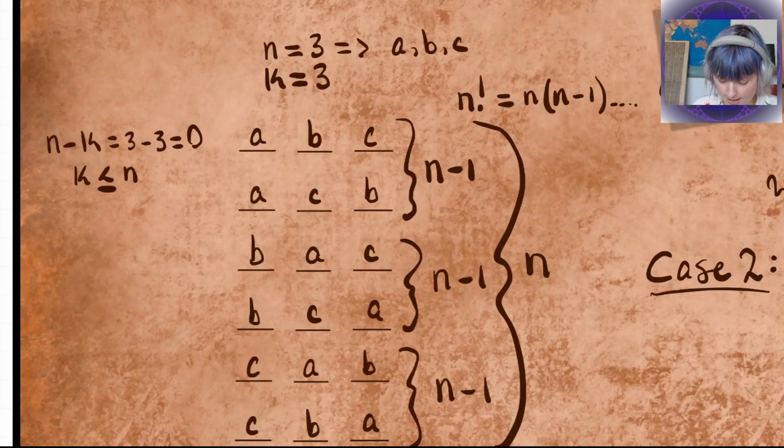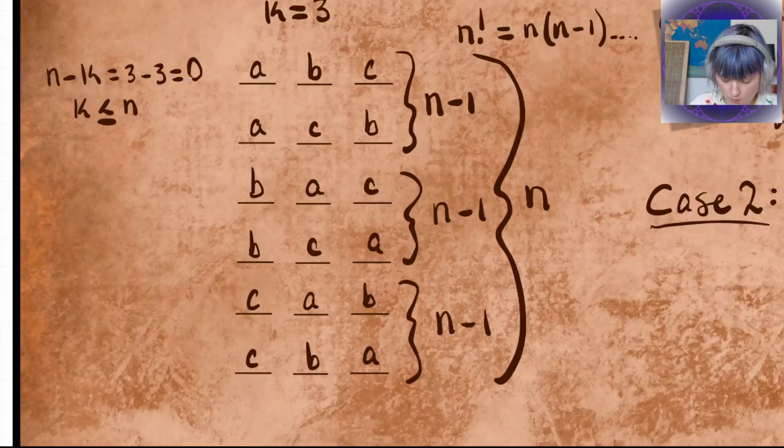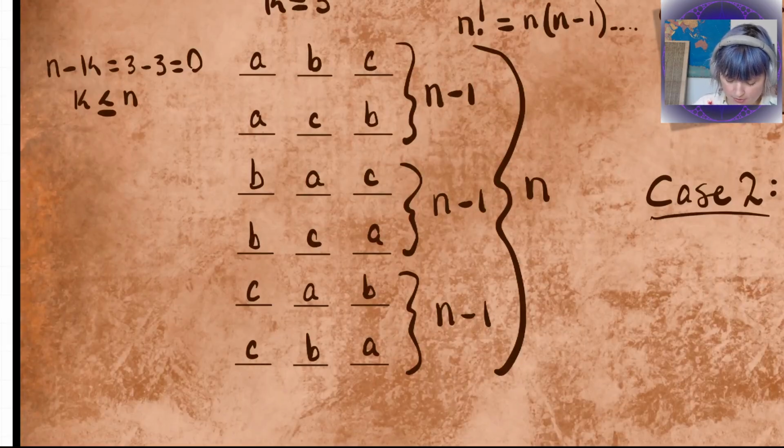Because if I have 1, 2, 3 columns, and if n minus k is equal to 1, then that would be the same as taking away one of these columns, and the leftover would be 2 columns. These would be my unique arrangements. So let's take a look at combinations.